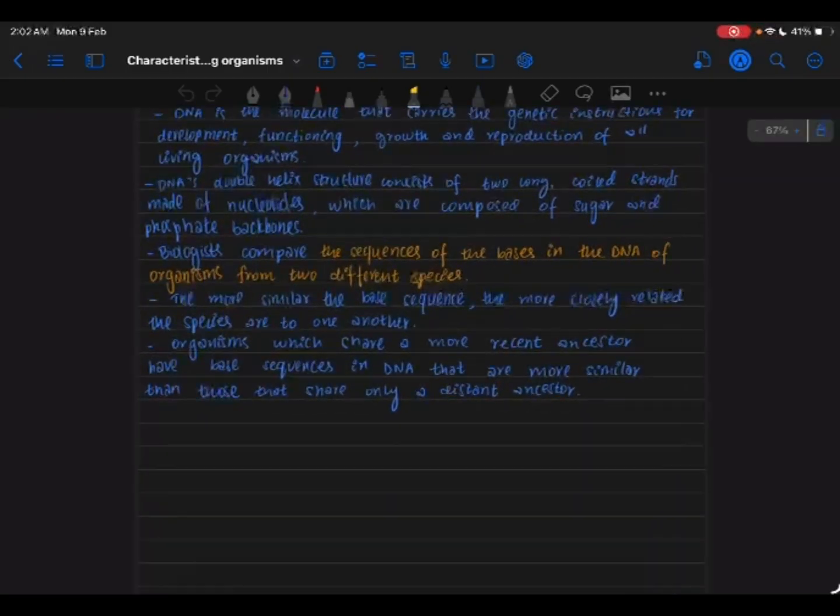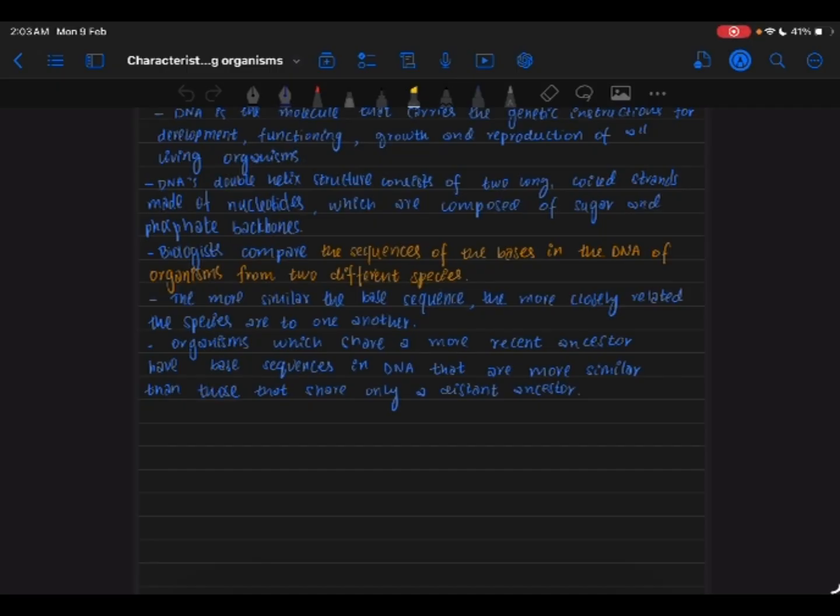So basically, how biologists use this for classification: for example, if there were 2 organisms of different species in front of them and they wanted to know how closely related they truly are, they would take the DNA of one and the DNA of the other, and look at the sequences of the bases in their DNA.